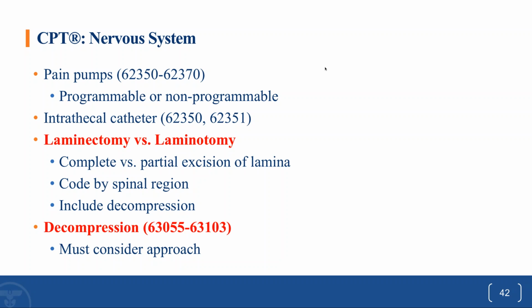E is for excision. CPT code 63020, laminotomy, right? So that's an opening. The laminectomy, they're removing some of it. 63020, they're opening. And look, there's that term again, hemilaminectomy. What does that mean? What does hemi mean? Okay, just remember that your hemi is partial.